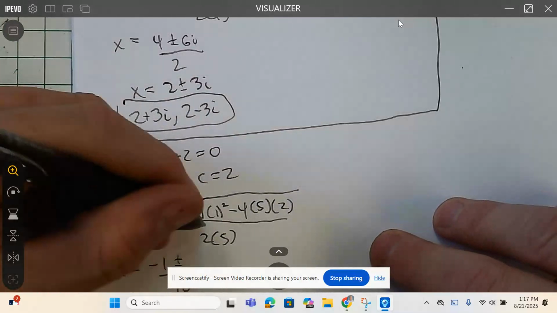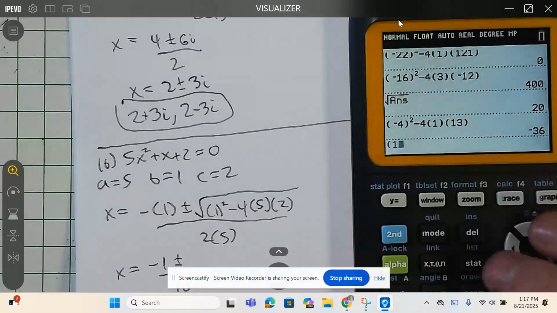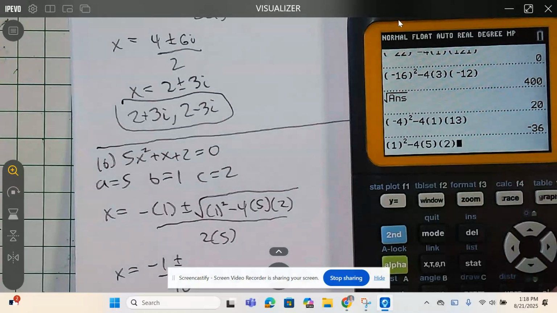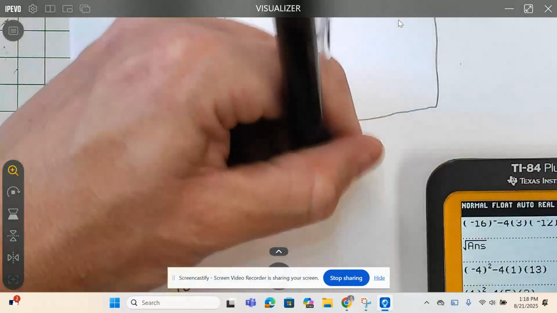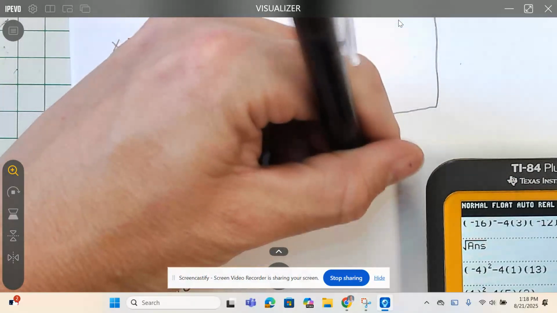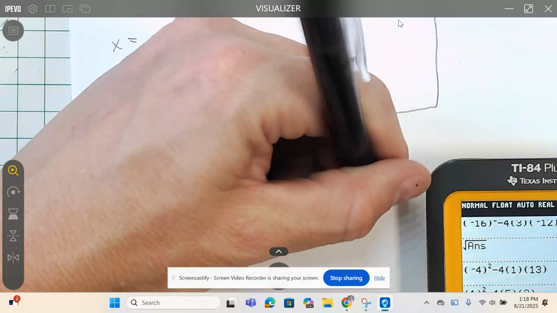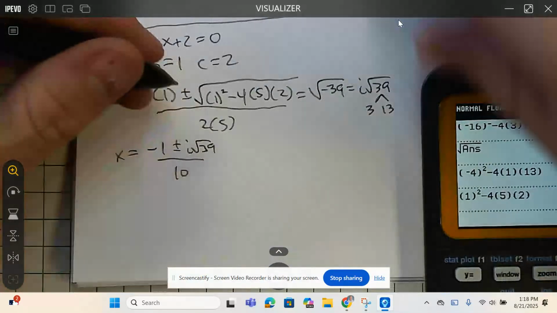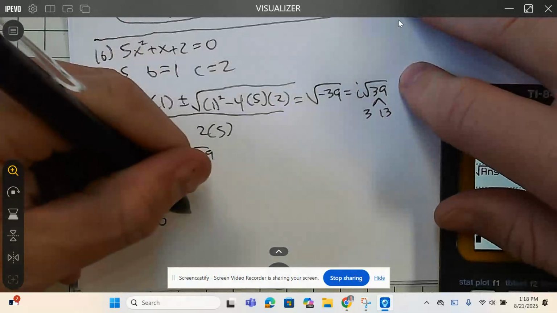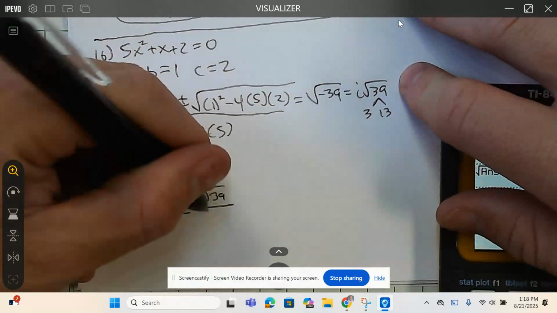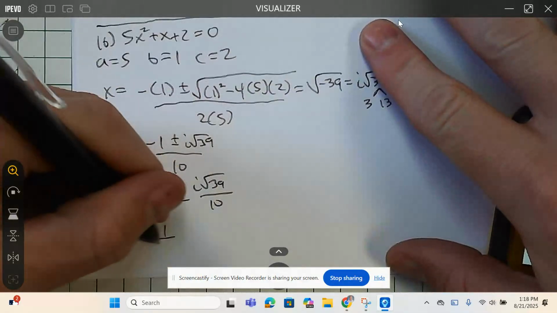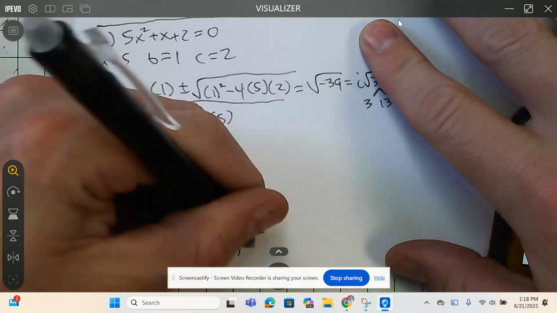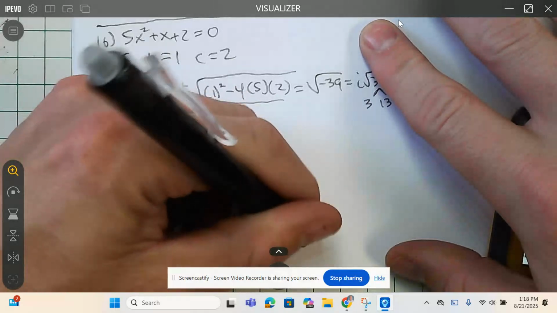That's 10. That's negative 39, which would be i square root of 39. 39 is 3 and 13. That's not going to break down. So what we're going to do on this one is split this up. So it'd be negative 1/10 plus or minus i square root of 39 divided by 10. So negative 1/10 plus i square root of 39 divided by 10, and negative 1/10 minus i square root of 39 divided by 10.